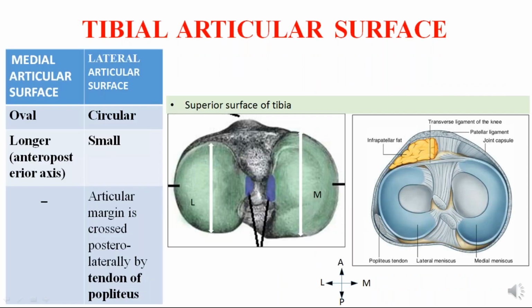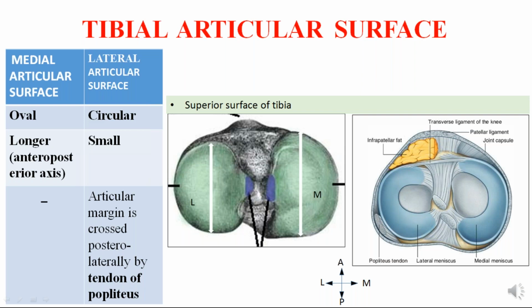Like the lateral and medial femoral condyles were different in their shapes and structural composition, similarly the tibial articular surfaces on the lateral side and the medial side are different. We can see that the anterior-posterior extent of the medial tibial articular surface is more, same as that of the medial femoral condyle, whereas the lateral one is smaller.